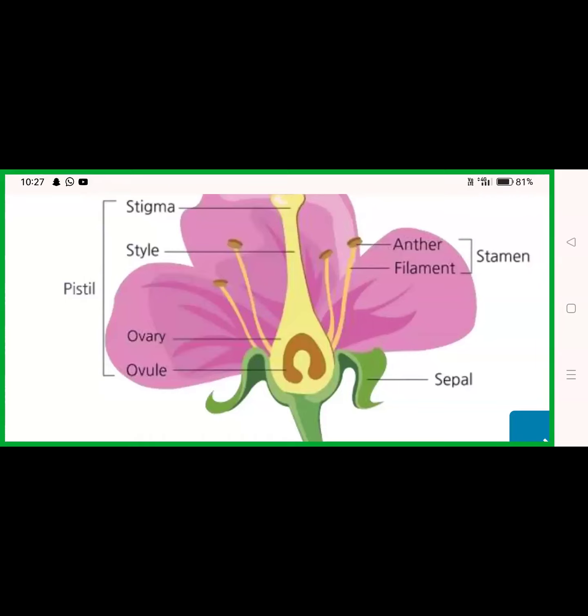This is a food supply structure, so food material passes through it.